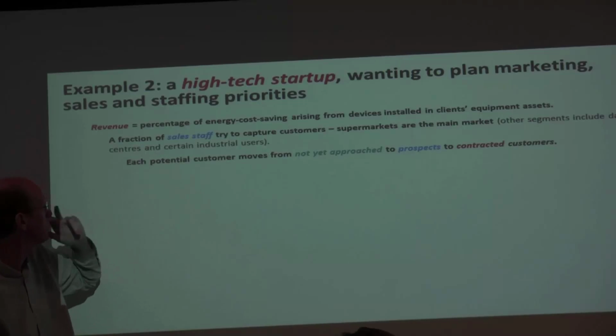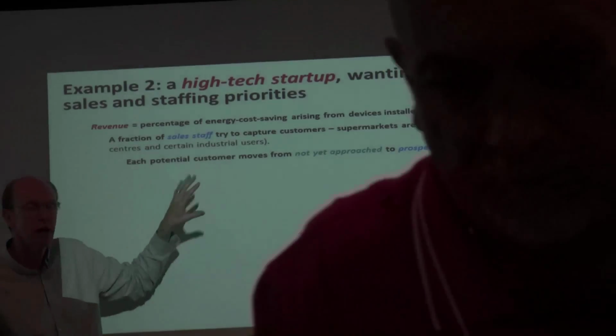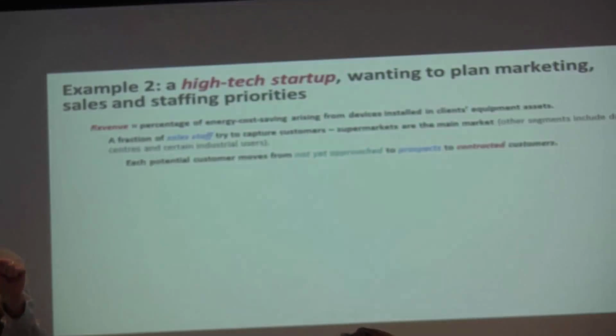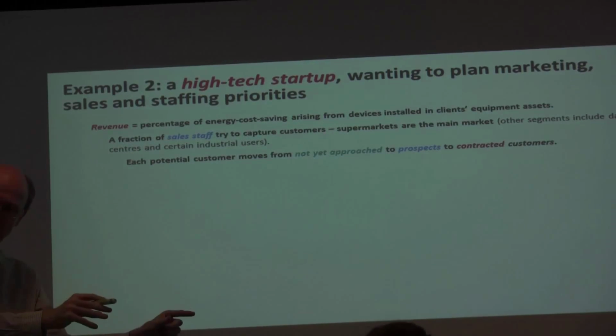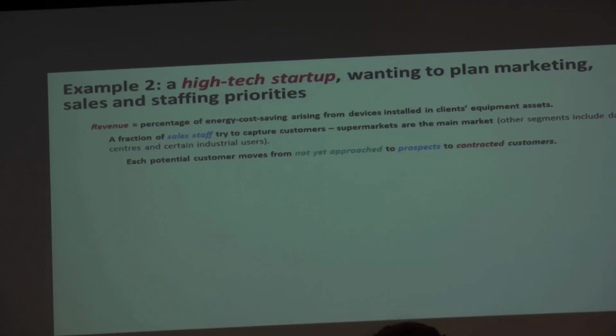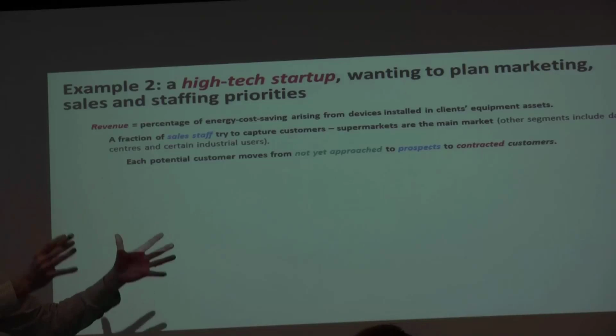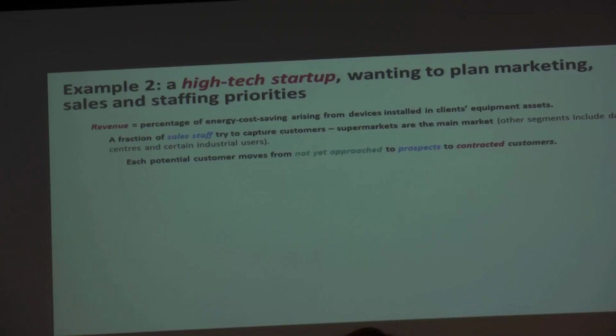So when the salespeople call, you move customers from being potential to being leads. They're not customers yet, but they move one stage closer to being customers. So then prospects. Then when you sign them up, they're actually contracted customers.